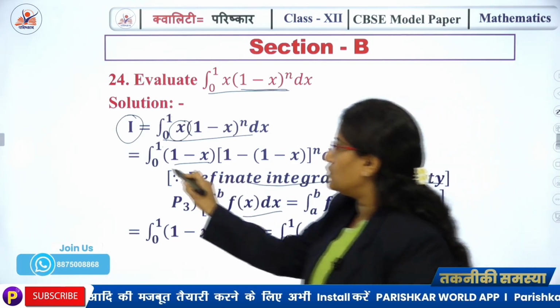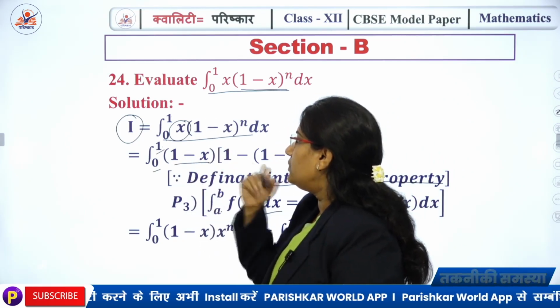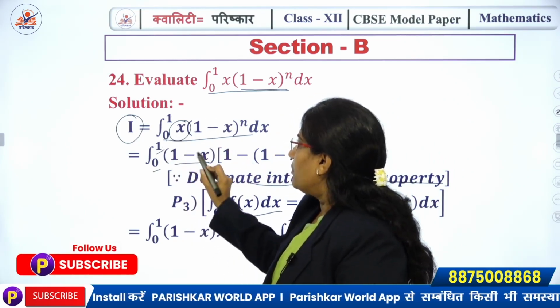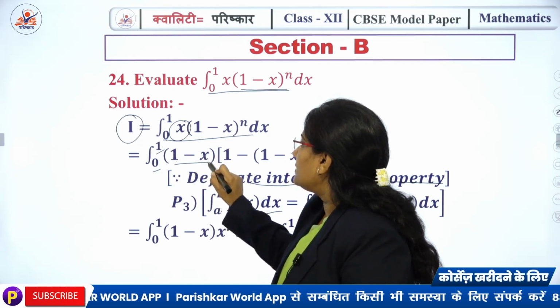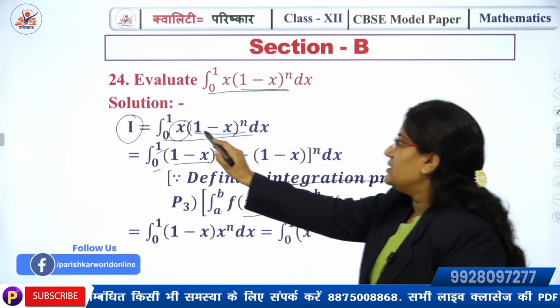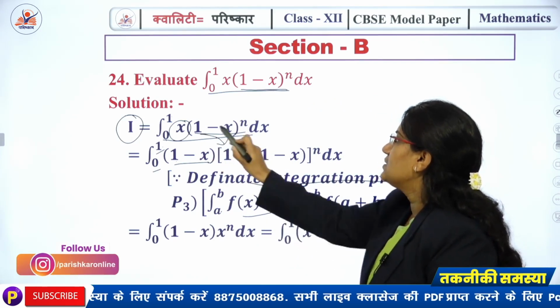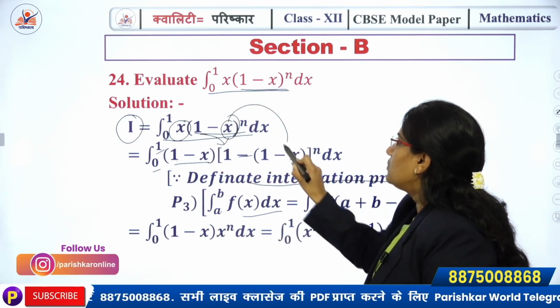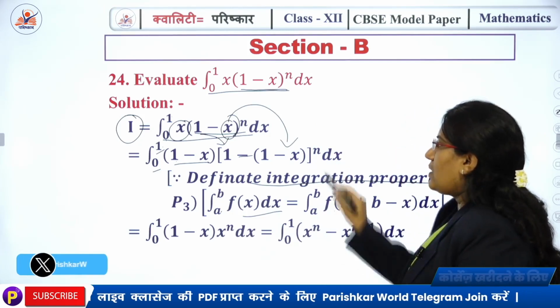Here a equal to 0 and b equal to 1. So we'll put the value of x as 0 plus 1 minus x, that means 1 minus x, and 1 minus x to the power n.